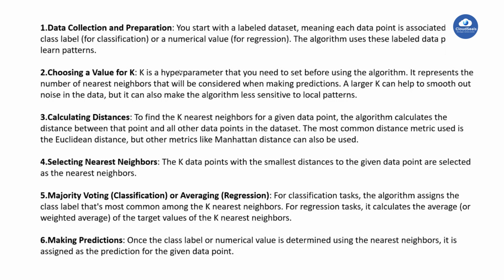That's why, when k is very small, we are able to find the neighbors that are very close to the class. If we increase k, what will happen? For example, here R is one class and H is another class. I gave k equal to 6: 1, 2, 3, 4, 5, 6.